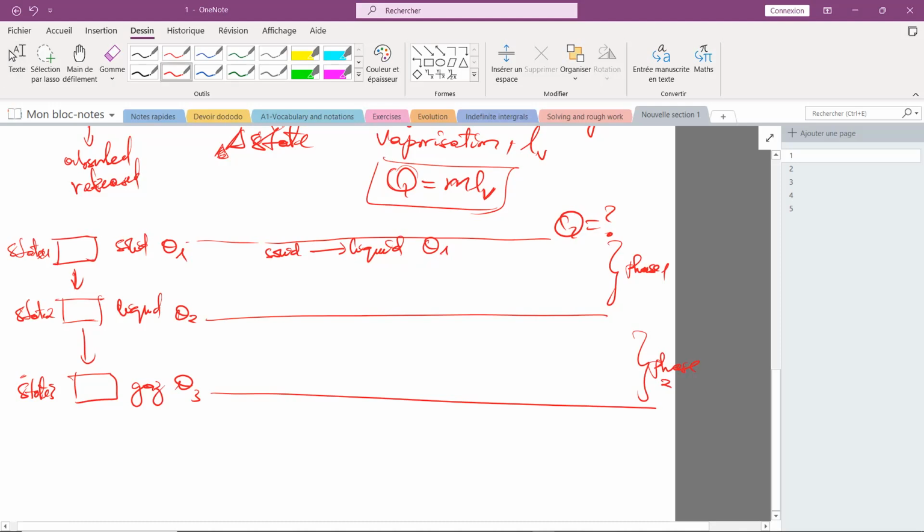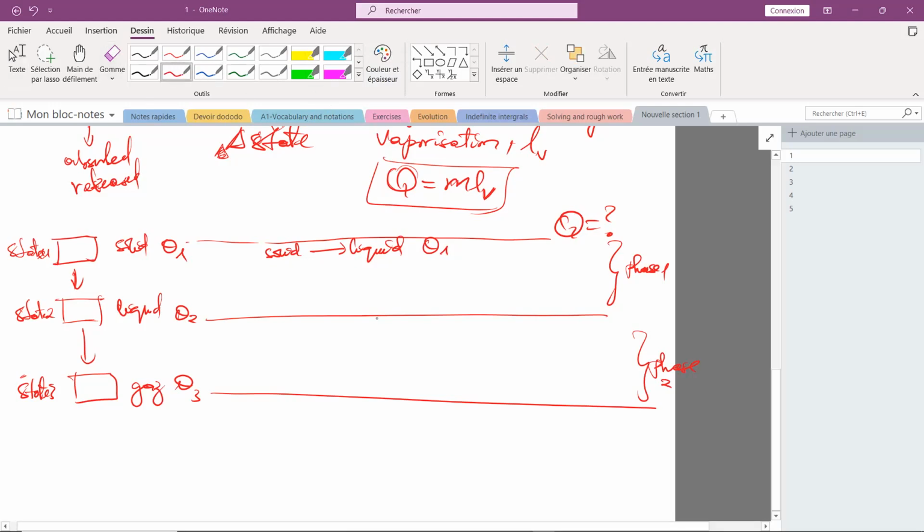Now, this liquid at the temperature theta 1, this ice which is already liquid, will leave now to what temperature? Let me wipe this.